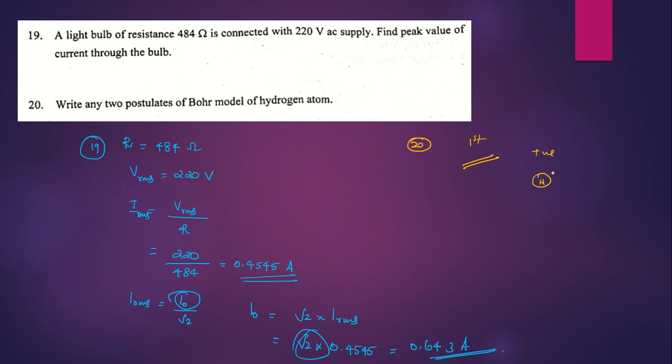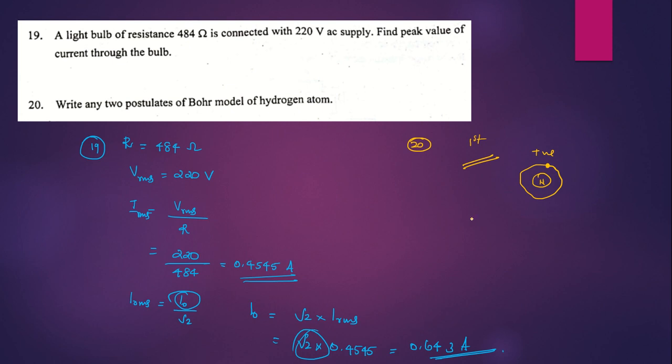So there is a nucleus, and around it the electrons move in circular orbits. And keep in mind, the necessary centripetal force is provided by the Coulomb's force of attraction exerted by the positive charged nucleus on the negatively charged electron.